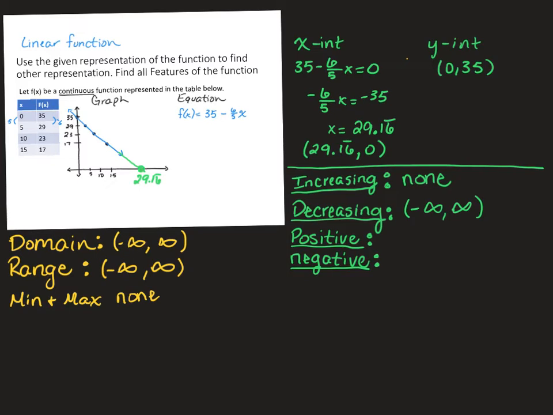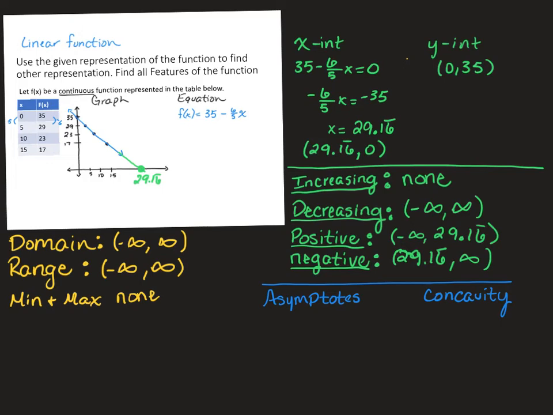And so the positive values of this function happen from negative infinity up to that x-intercept. And it has negative values after the x-intercept from 29.16 repeating to infinity.